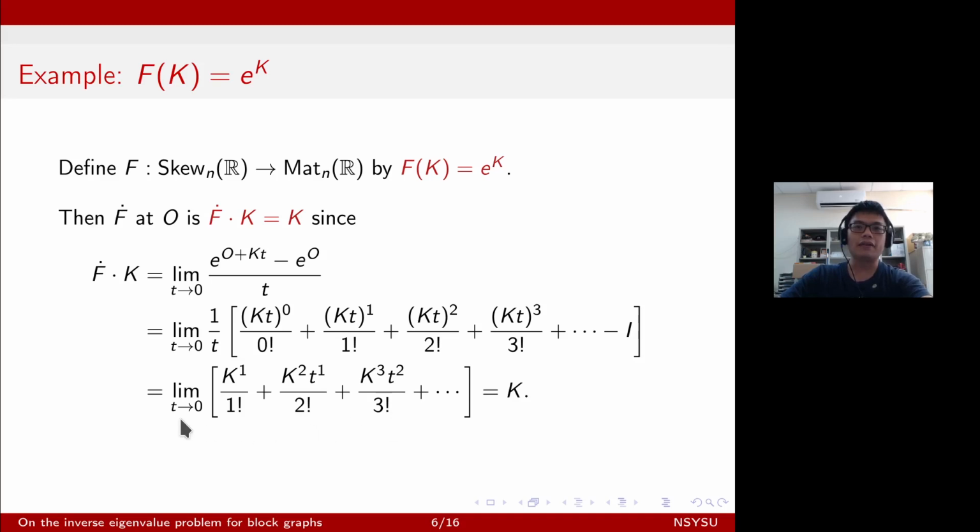Therefore, when t goes to 0, everything disappears, and only K remains. So for e to the K, the derivative at 0 is equal to K. Particularly, I want to emphasize that this function is important because when K is skew-symmetric, the output is always an orthogonal matrix, which we will be using for the perturbation.